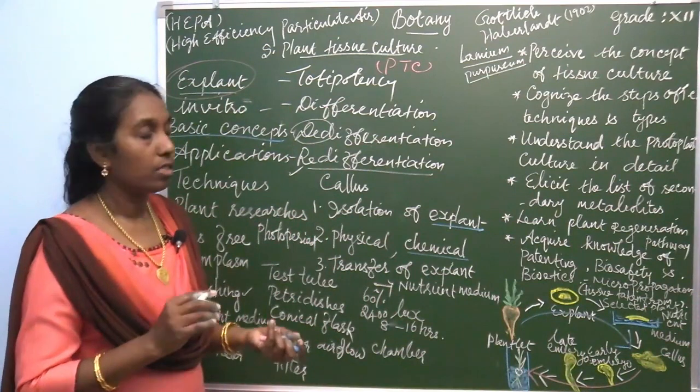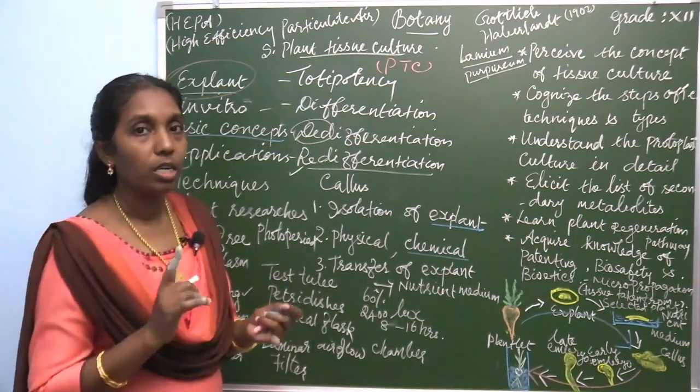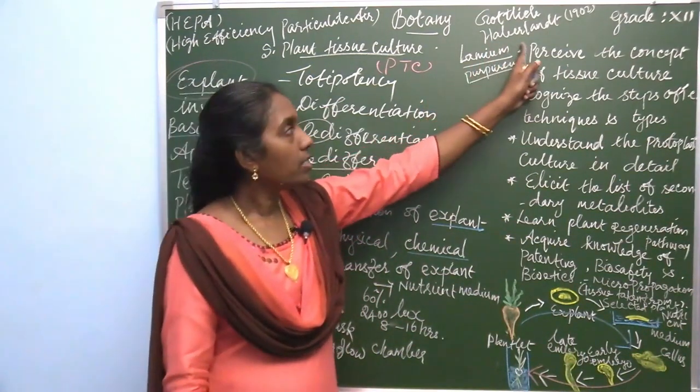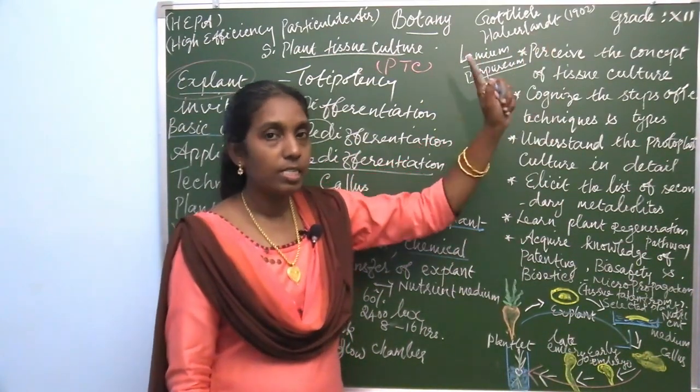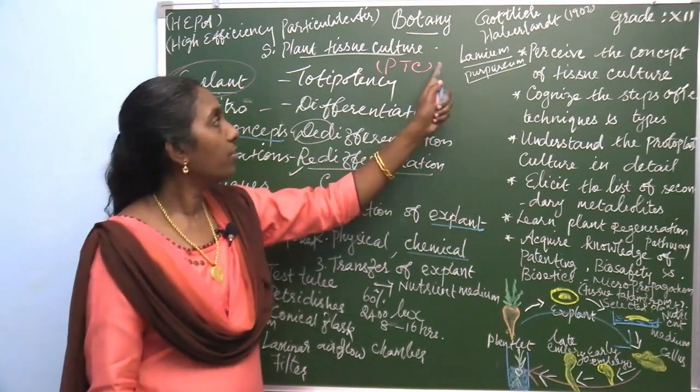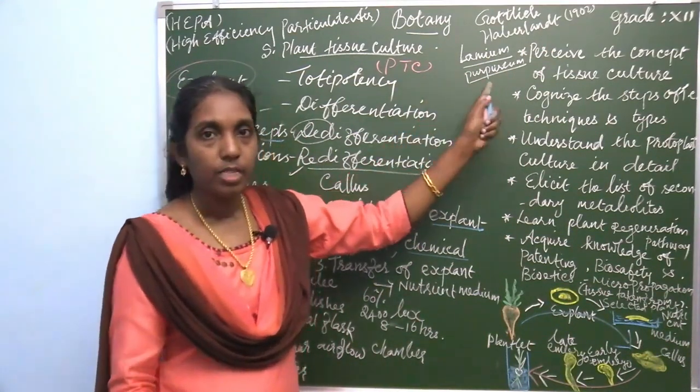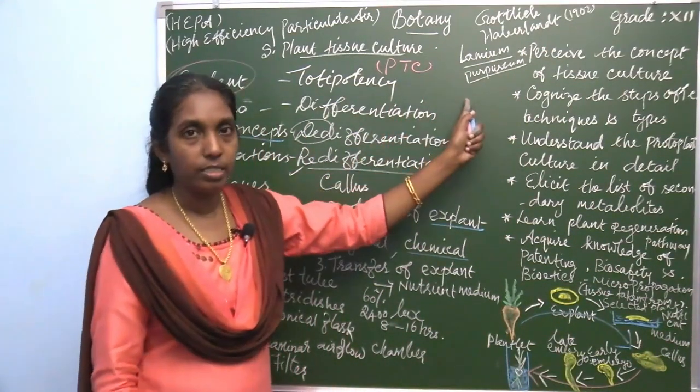So then the techniques. At first, today you are going to learn the history. Haberlandt is regarded as the father of tissue culture. He was the first person to culture mesophyll tissue of Lamium purpureum. That's the history of plant tissue culture.